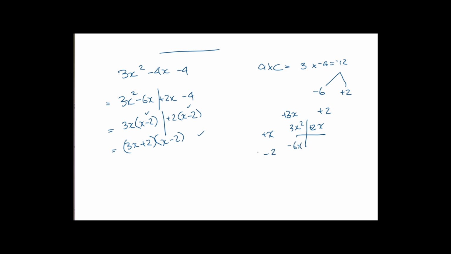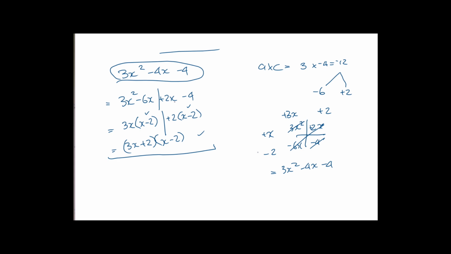Minus 2 times positive 2 is minus 4. So collecting up, 3x squared minus 4x minus 4, and that's the same as what we started with. So that's our answer.